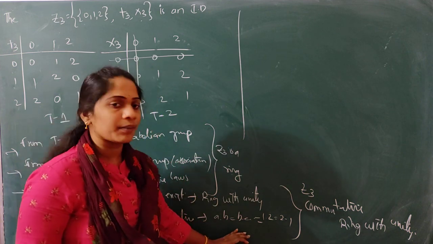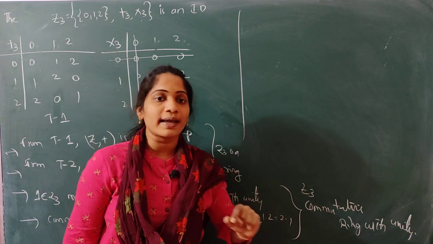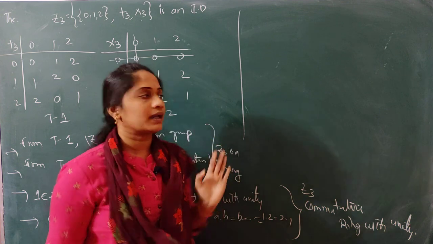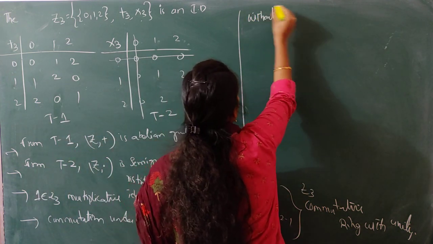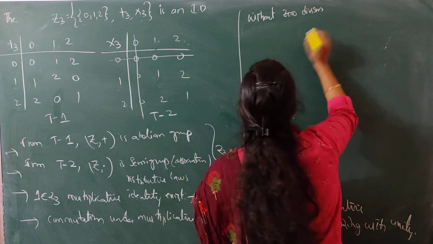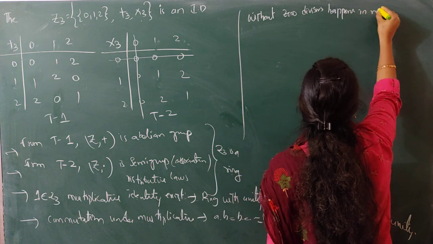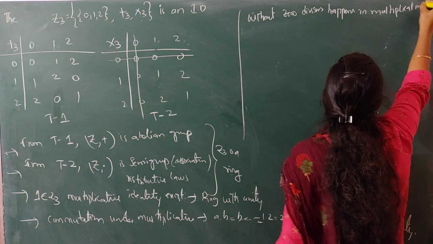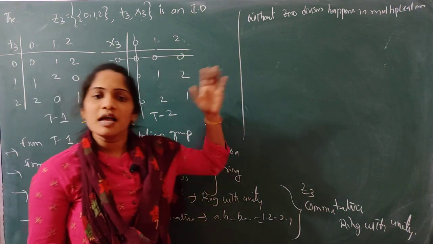The commutative property is also checked in table 3, but zero divisors always happen in the multiplication. Got the point? Zero divisors happen only in the multiplication.